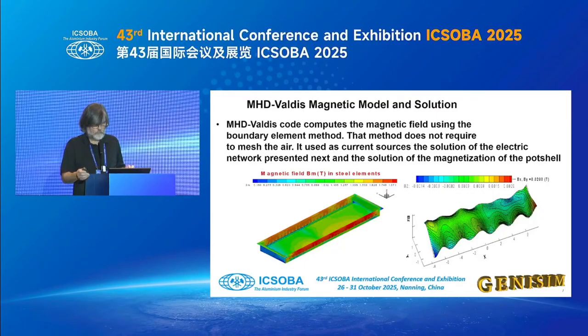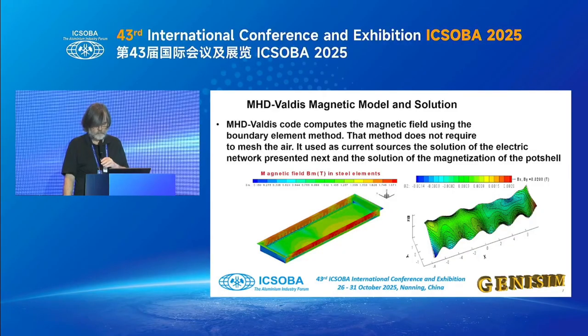So to compute the magnetic field in MHD-Valdis, the only thing you need to do is to mesh the ferromagnetic elements. So you have to create the geometry of the ferromagnetic parts. You have to have the conductor, which is done by the electric problem. Once you have both, then you solve without having the need to mesh the air, because the air is not required for this formulation.